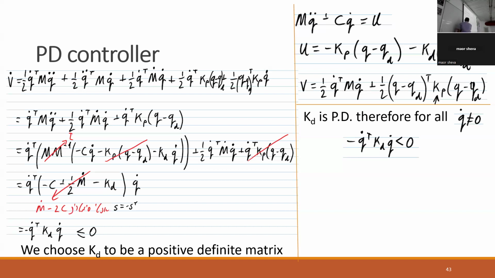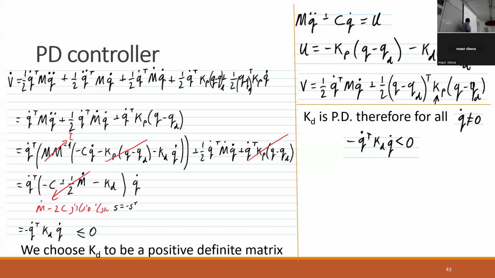And since M dot minus 2C is antisymmetric, this entire term is simply 0. And therefore, I'm left with minus q dot transpose Kd q dot. And this is a quadratic form of Kd.